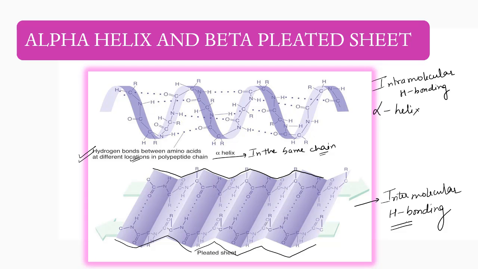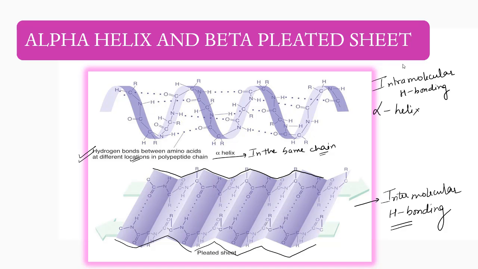Intermolecular hydrogen bonding is present in beta pleated sheet, which is a type of secondary structure. The secondary structure has the alpha helix and beta pleated sheet, right? There is another term which is known as the collagen helix.